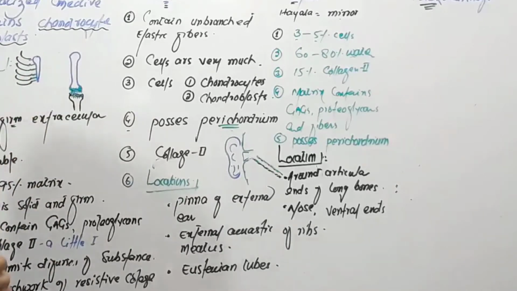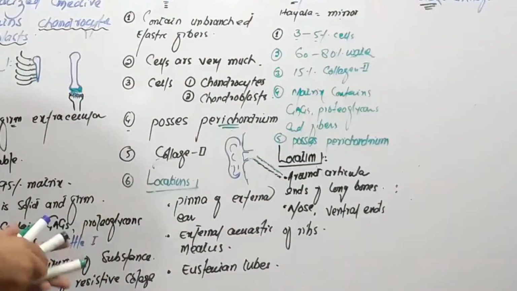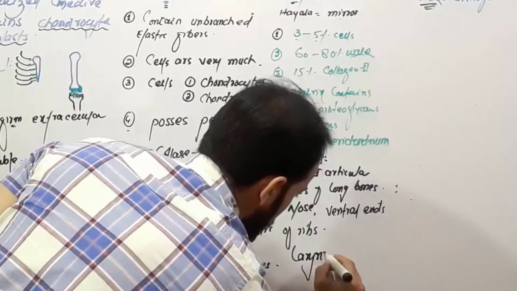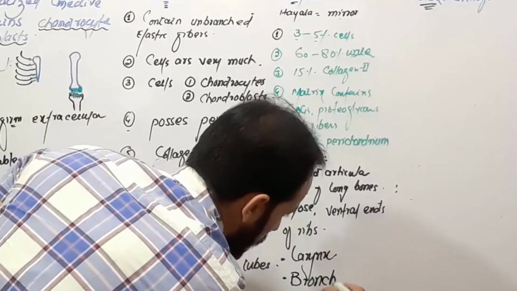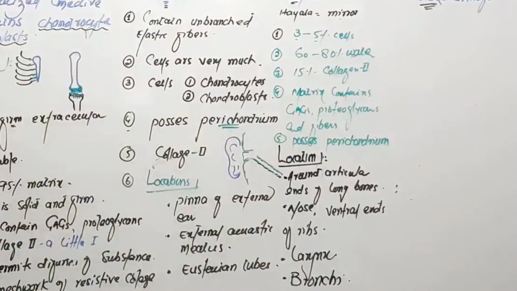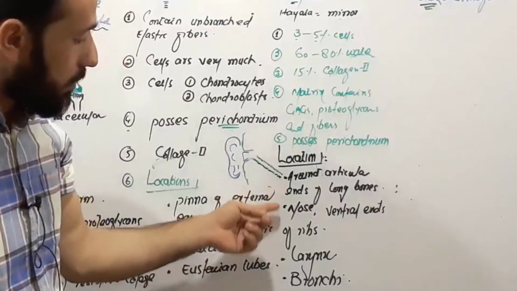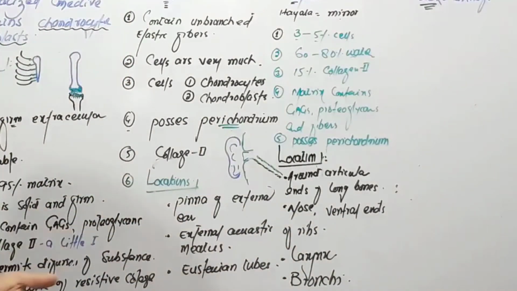Then we say they are present in the larynx, right, they are present in the bronchi. So hyaline cartilage is mostly found around articular ends of long bones, nose, ventral ends of ribs, larynx, bronchi, right.